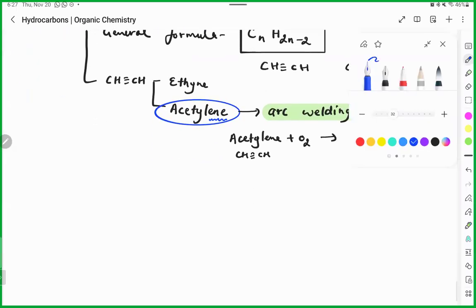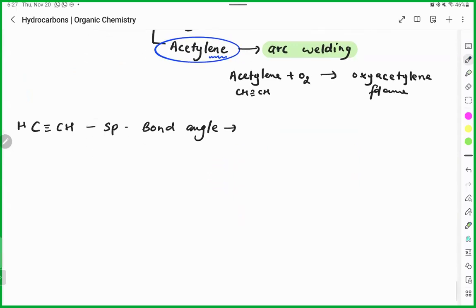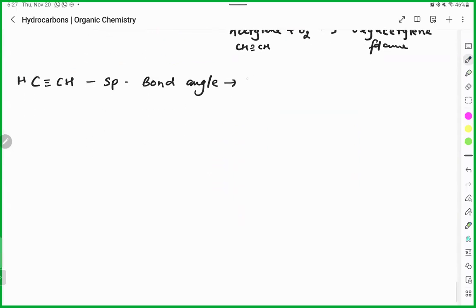Parinder, if we have sp hybridization, what will be the bond angle? 180-degree.